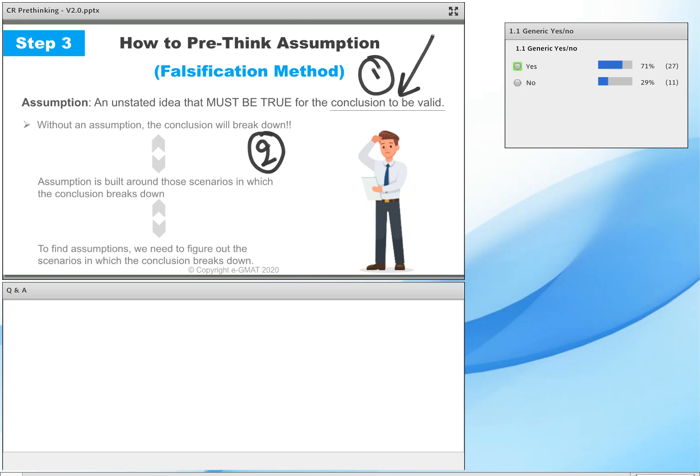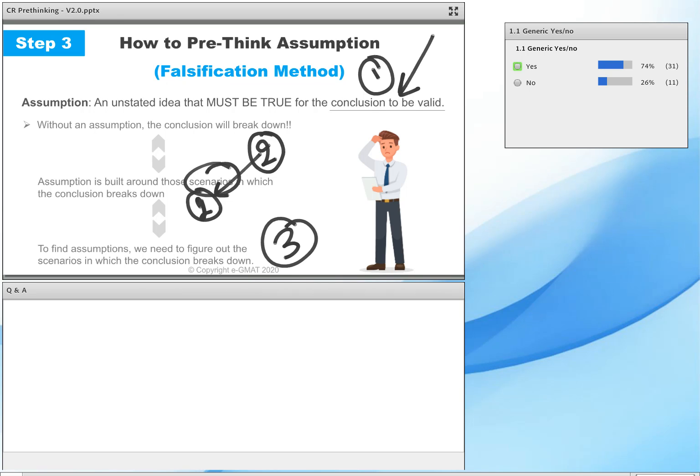So if you want to figure out what that unstated idea or assumption is, let's figure out where the conclusion breaks down. And the third thing is, once you figure out these scenarios where the conclusion breaks down, your assumption is a statement that prevents those scenarios from existing.